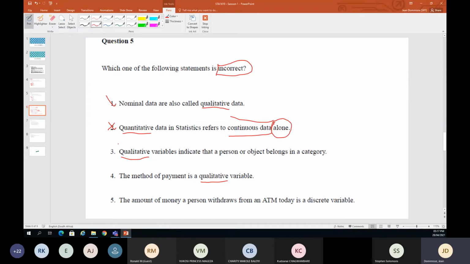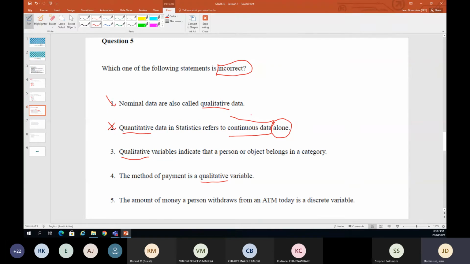And I think that again is the important thing with the exam as well. It's a small catch, right? They want to catch you out because you see quantitative, you see continuous, and automatically you think, yeah, it is correct.